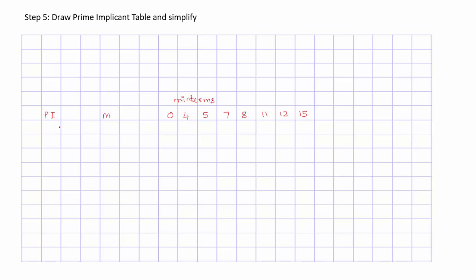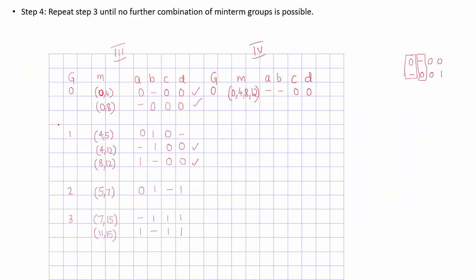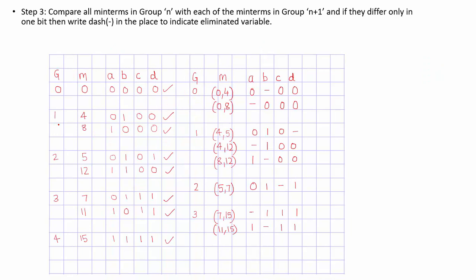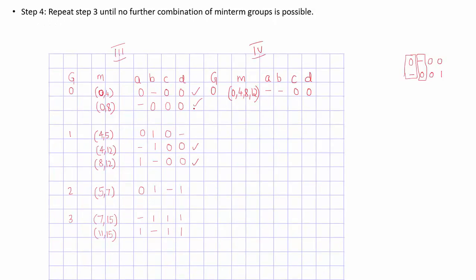So this is where your check symbol comes in handy. All those terms next to which you have not put a check symbol will be your prime implicants. So you can see next to 0 there is a check, next to 4 it is there, 8, 5, 12, 7, 11, 15. 0, 4, 0, 8, 4, 12, 8, 12.